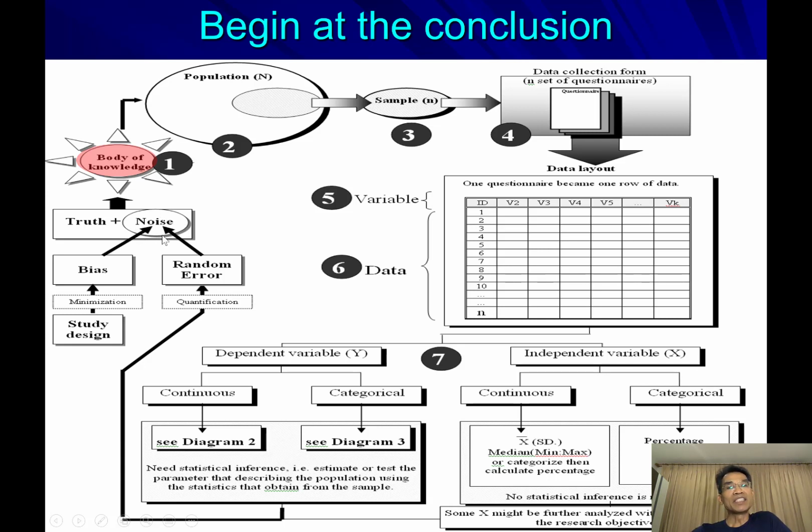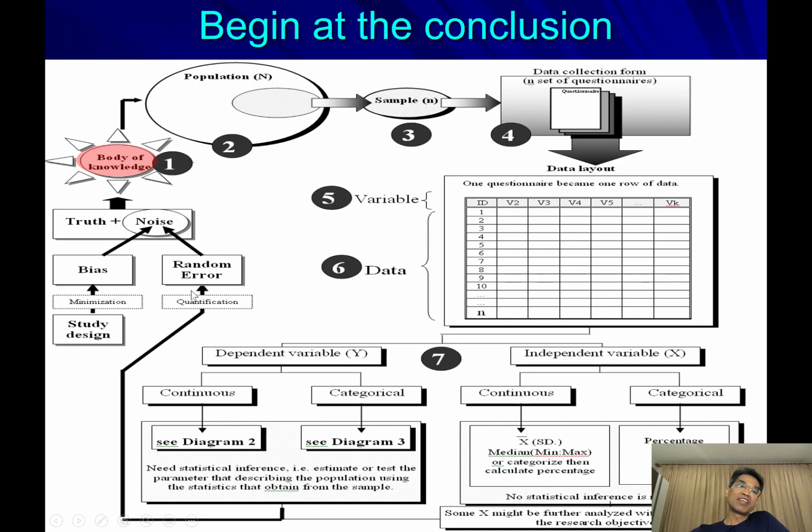So this noise, if it's large, means that the conclusion is not valid. Large or small could be because of bias or systematic error, or it could be just random error, because it varies widely from person to person, so it's difficult to conclude.